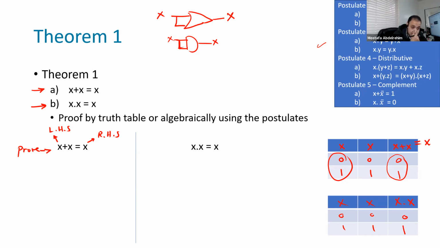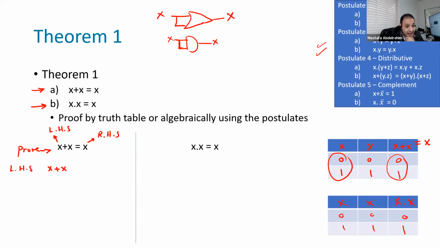Let's start with the left-hand side, x or x. What do we have? We have only the axioms, the postulates. So we should look here and try to find a way to reach from the left-hand side to the right-hand side, x.